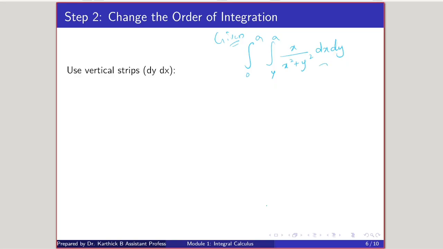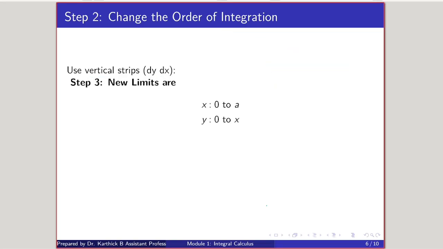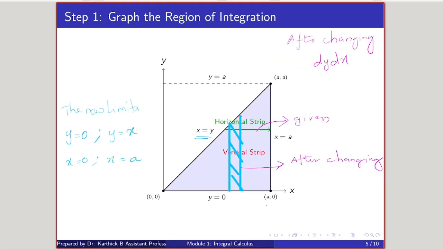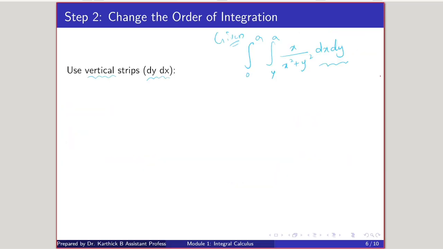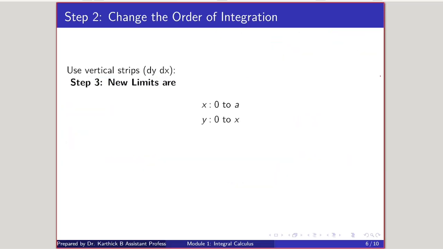So if you see here, it is dx dy, and we have changed it into dy dx. So it is a vertical strip. So the new limits, as I said previously, x varies from 0 to a, and y varies from 0 to x.